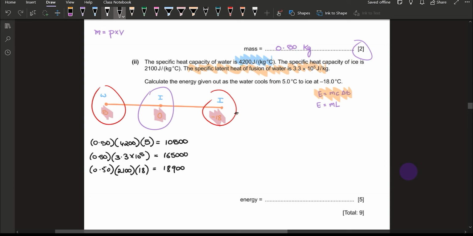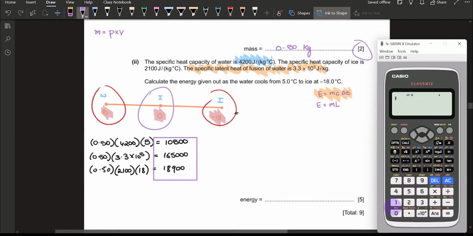And we just have to add all of these. So we can use a calculator for that. 10500 plus 165000 plus 18900, and we get our answer as 1.9 into 10 raised to power 5.